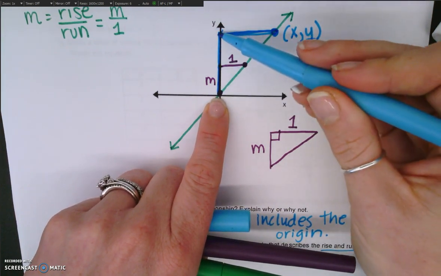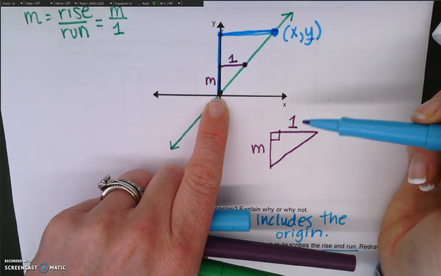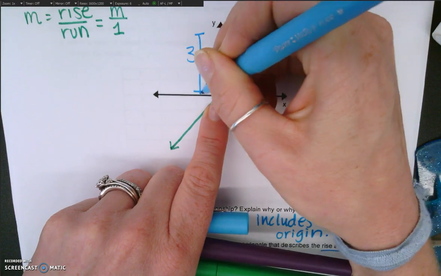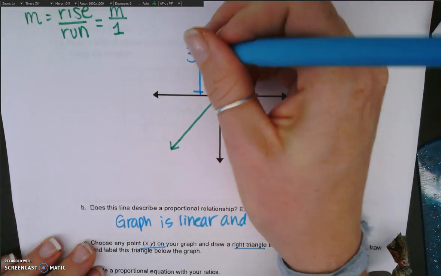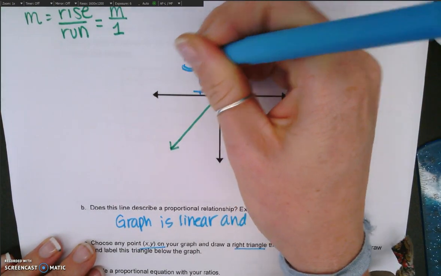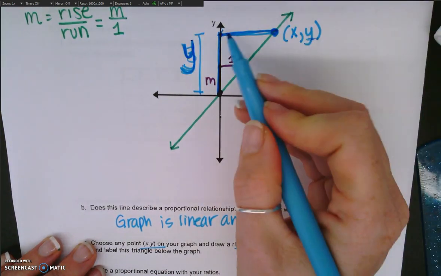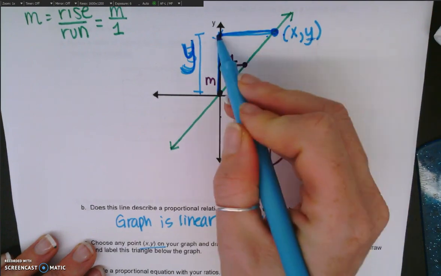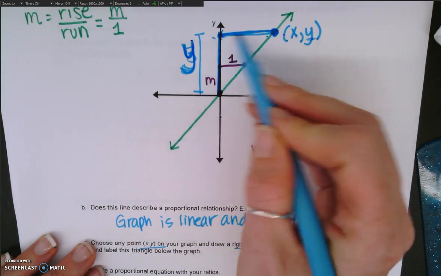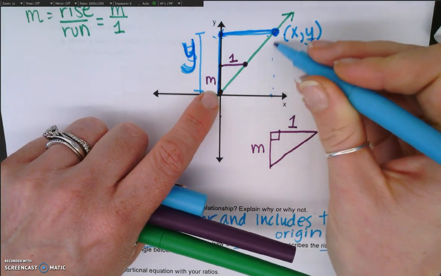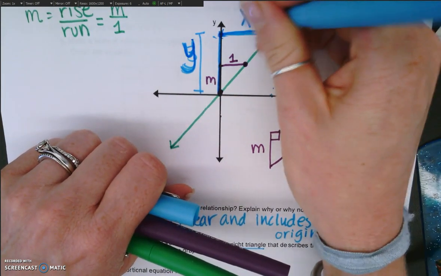So if I had gone up 3, this y value would be 3. So I'm going to label this distance as 3. And, oops, sorry, as y. I'm going to label this distance as y. And this distance, my run, my change in horizontal position from here to here, is the same distance. And that I'm going to label as x.